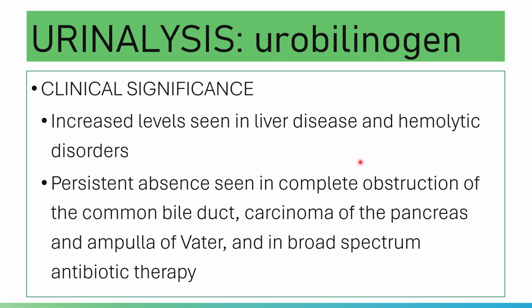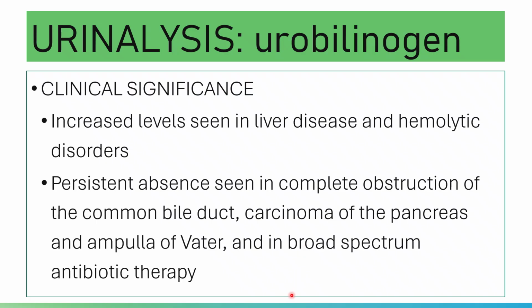Okay? In cases of broad spectrum antibiotic therapy, please note, you go back. We said earlier that your free bilirubin is already deconjugated. The free bilirubin is then reduced by your anaerobic bacteria in the colon, or the normal flora of the colon.